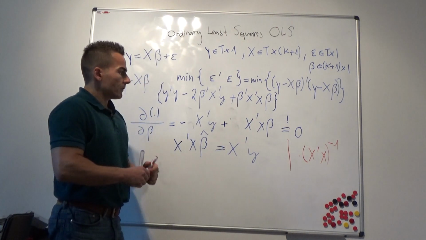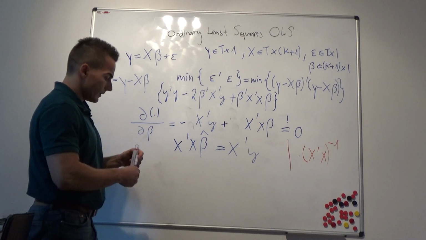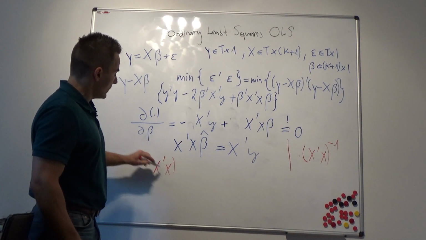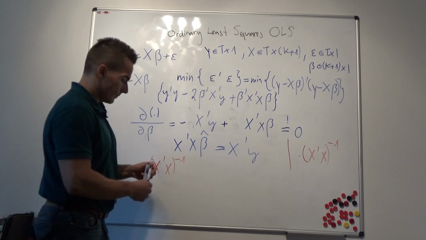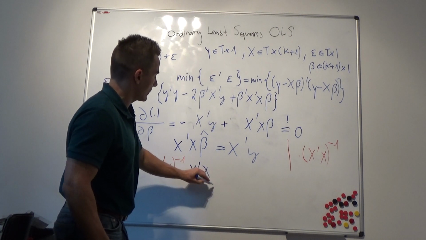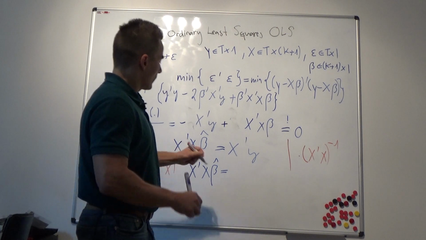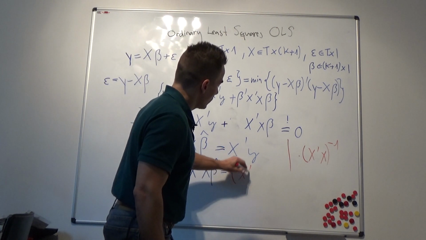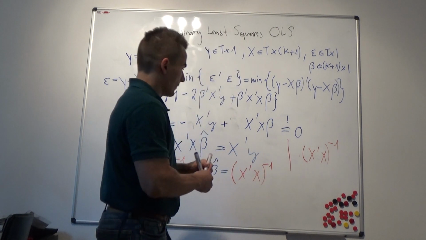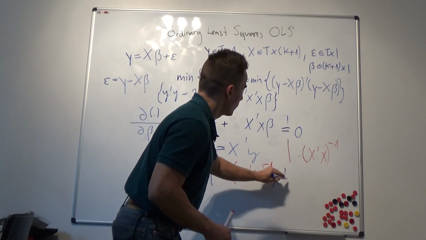So X transposed X inverted times X transposed X times beta hat is equal to X transposed X inverted times X transposed Y.